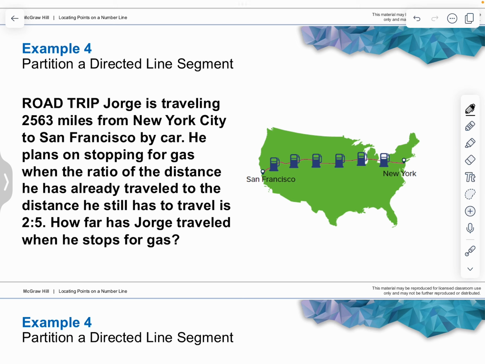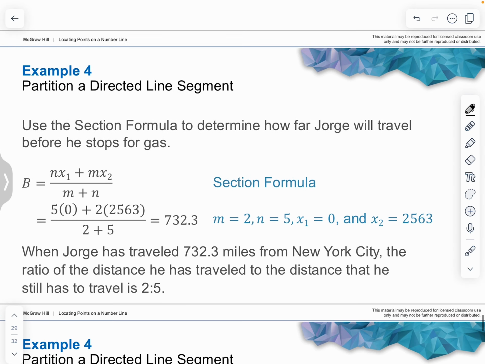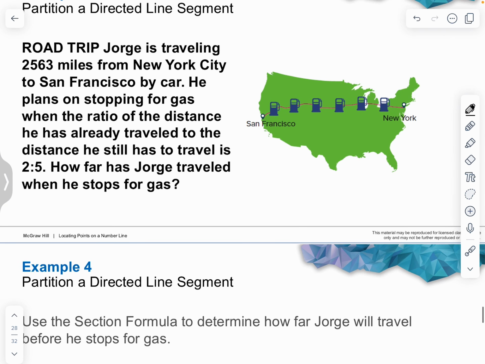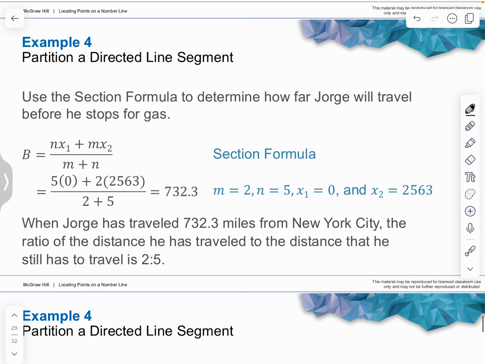Now, Jorge is traveling 2,563 miles. How far has he traveled when he stops for gas? Because they don't say west or east, you start at 0 and you go to 2563.